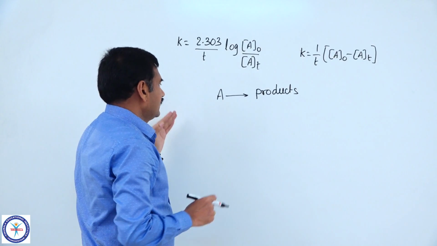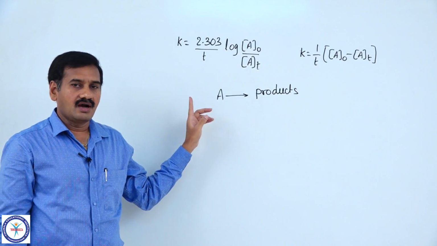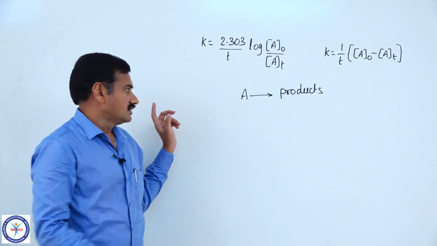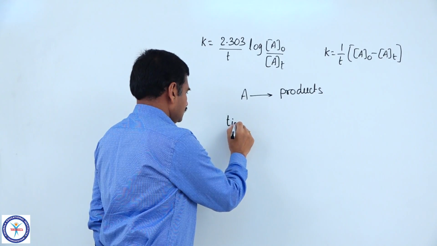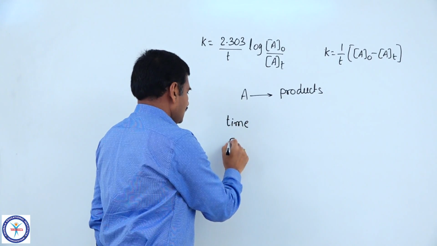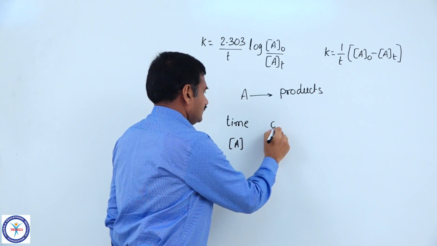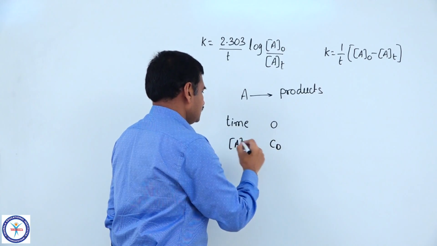Suppose at different times the concentration of reactant A is known to you. At time t equal to 0, the concentration of reactant A is some C0.